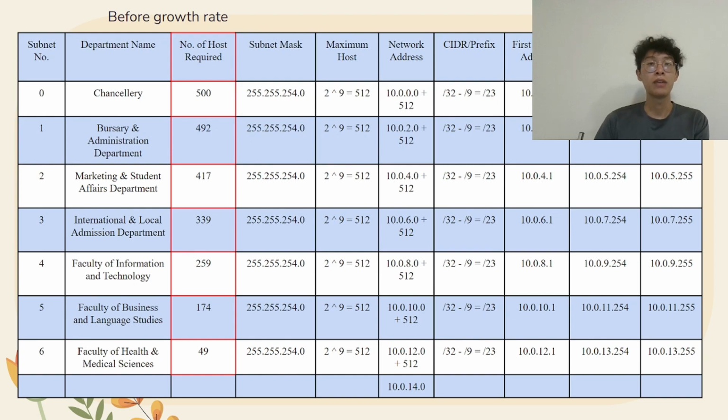For the first usable address, we just take the network address, which is 10.0.0.0, and plus 1. Broadcast address is the last usable address plus 1. For the last usable address, we just take the broadcast address and minus 1. Lastly, for the subnet mask, we take the CIDR, also known as prefix, which is /23, write 23 ones, and change it into decimal form.